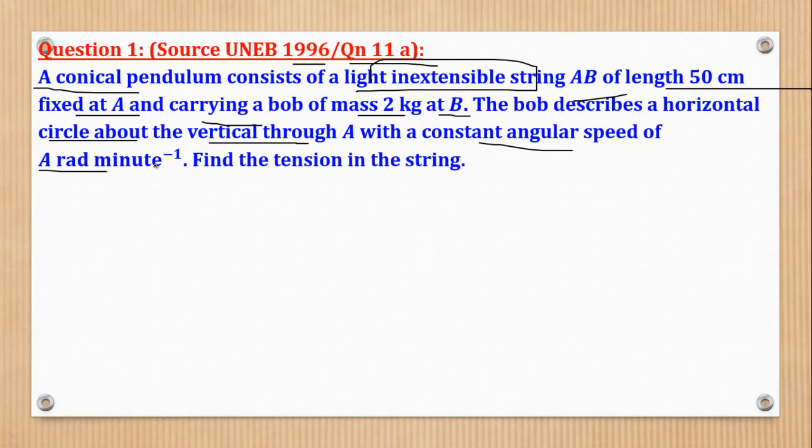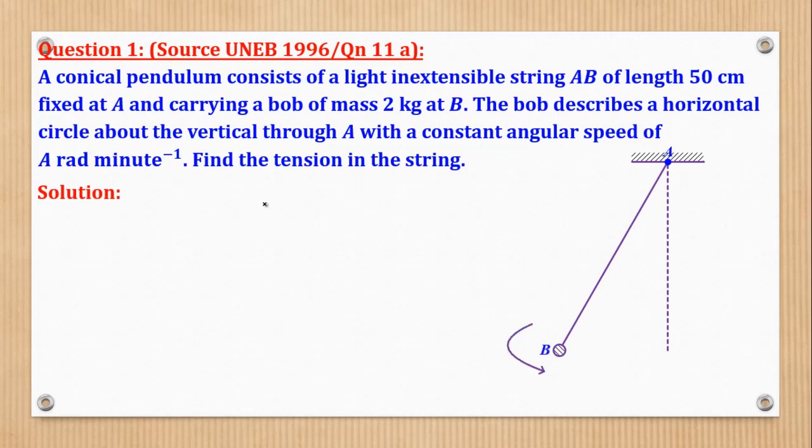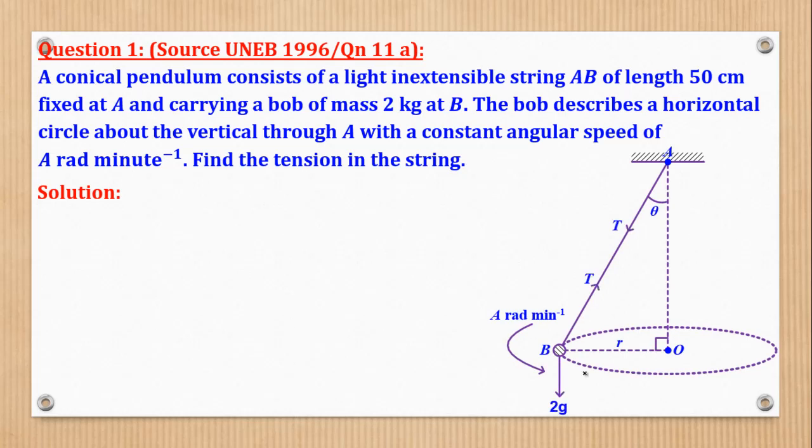Remember, the SI unit is rad per second, but this is now rad per minute. Find the tension in the string. So we shall come and make a sketch. There will be angular velocity, weight, tension in the string, inclination, radius.